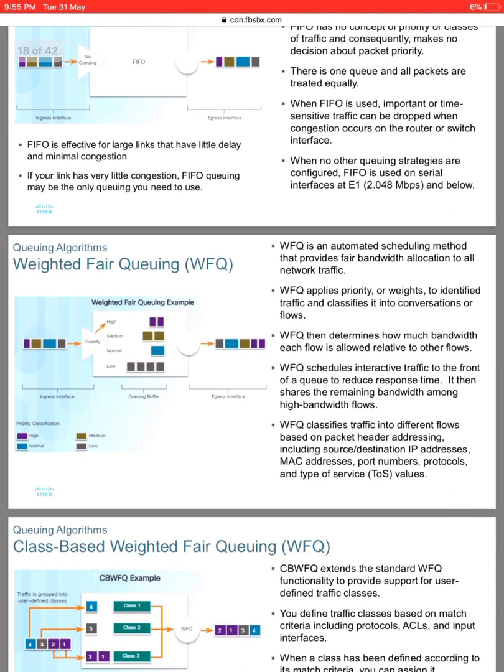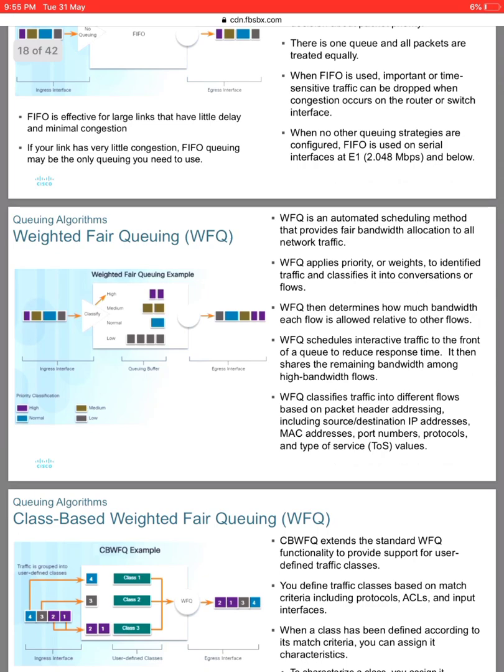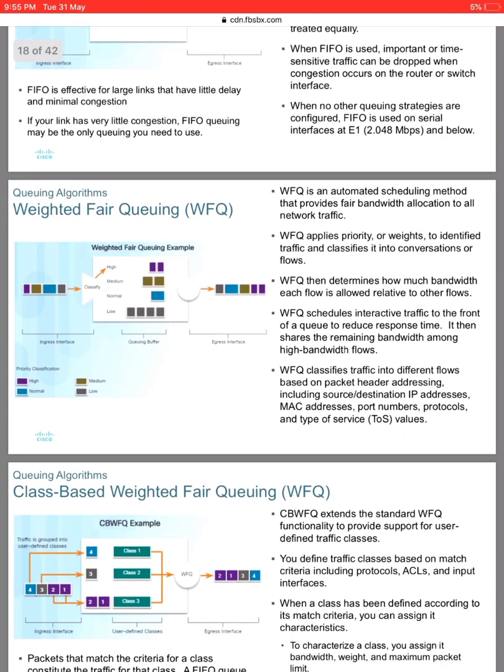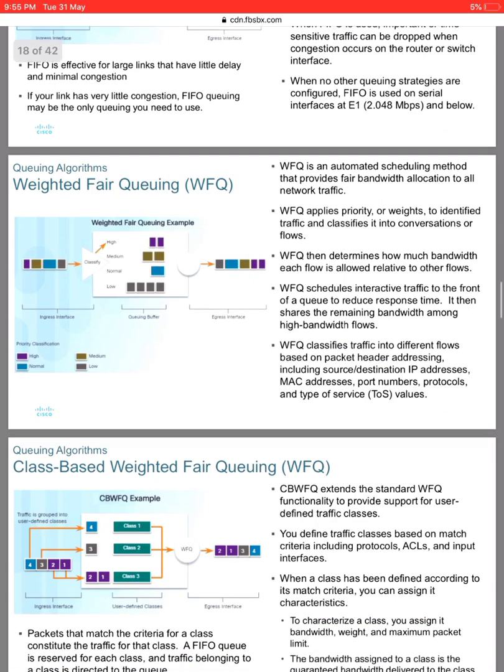When FIFO is used, important or time-sensitive traffic can be dropped when congestion occurs on the router or switch interface. When no other queuing strategies are configured, FIFO is used on certain interfaces at E1, 2.048 Mbps, and below. FIFO is effective for large links that have little delay and minimum congestion. If your link has very little congestion, FIFO queuing will be the only queuing you need to use.